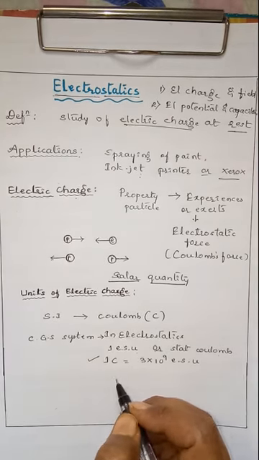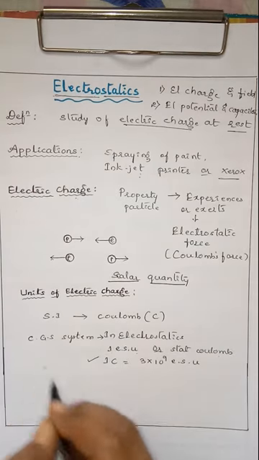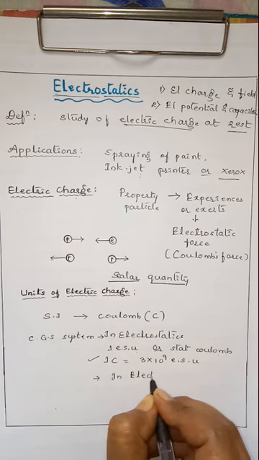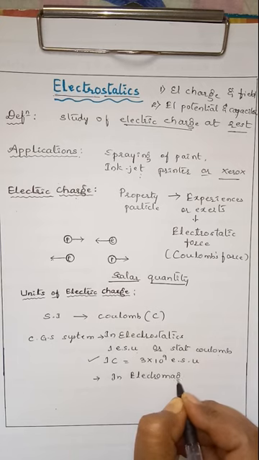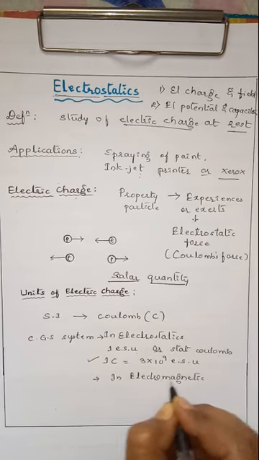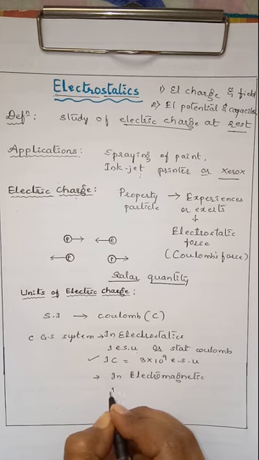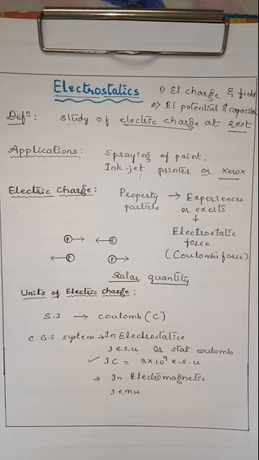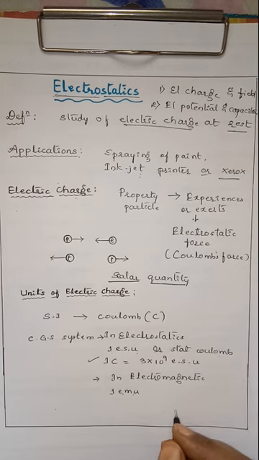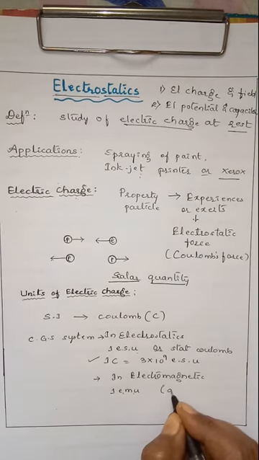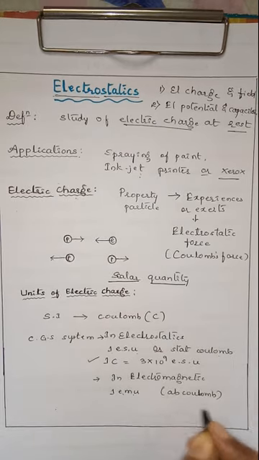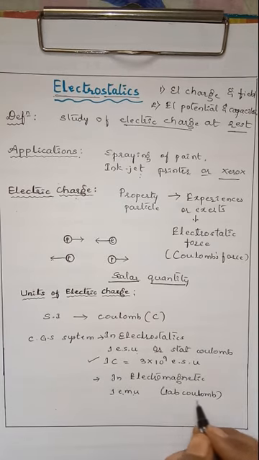Whereas we have one more unit in the same CGS system, that is in electromagnetic, the electromagnetic unit, 1 EMU, which is also known as ab coulomb.